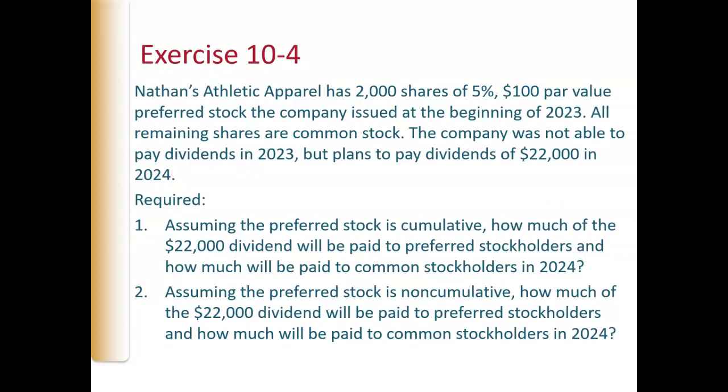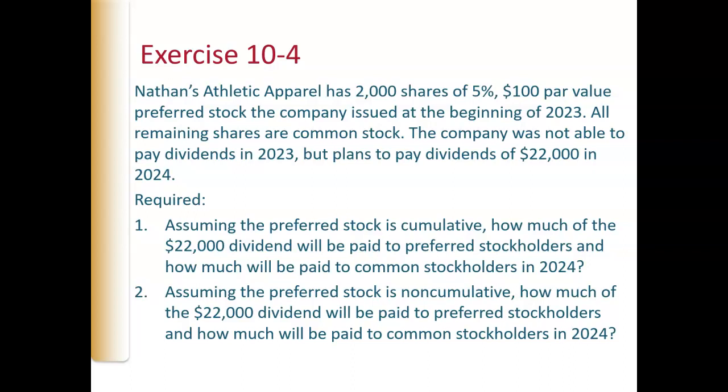So let's look at Nathan's Athletic Apparel. We've got 2,000 shares of 5%, $100 par value preferred stock. The company issued at the beginning of 2023. All remaining shares are common stock.